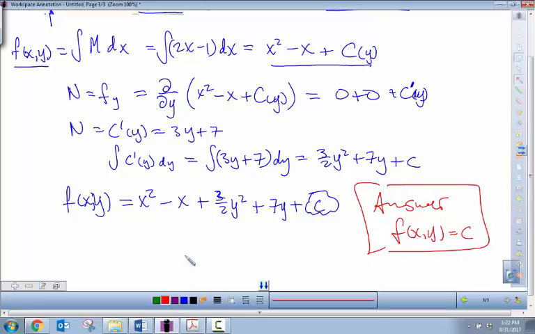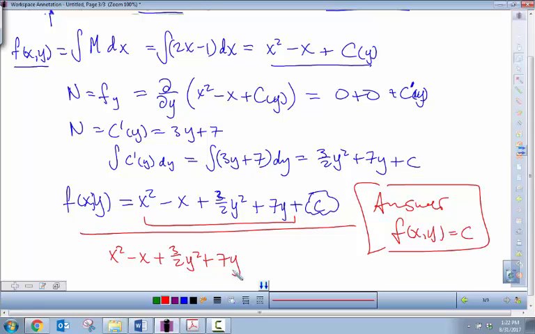And so if we write down our answer here, your answer should just be f of x, y, which is x squared minus x plus 3/2 y squared plus 7y equals the constant. Now that's your answer, and that's your family of curves that would satisfy this differential equation.